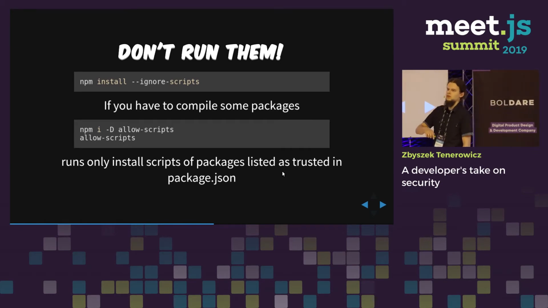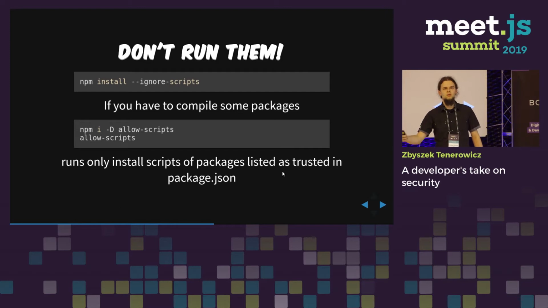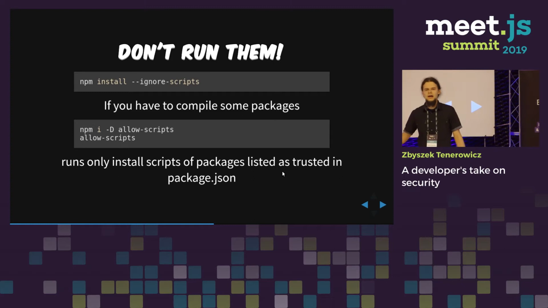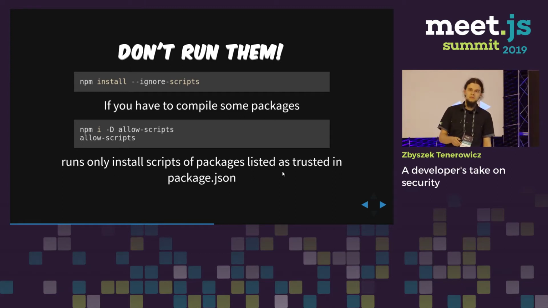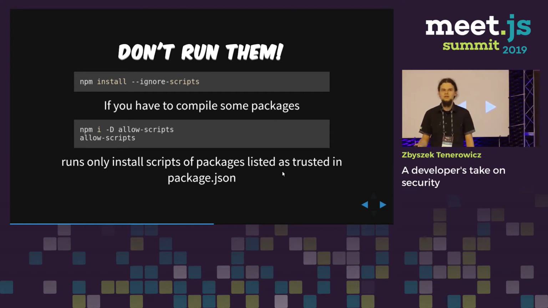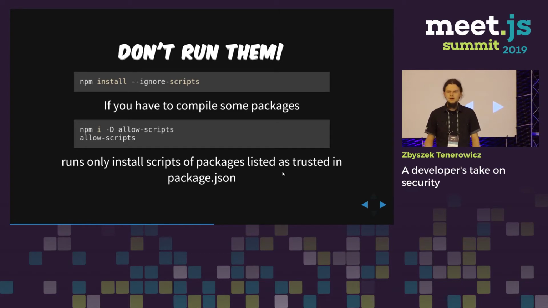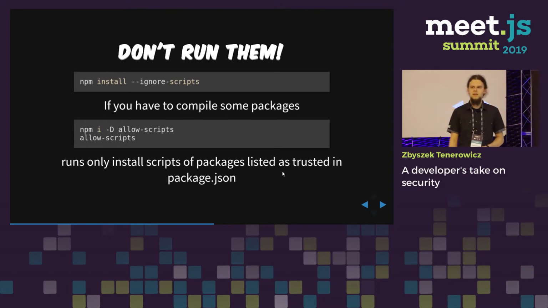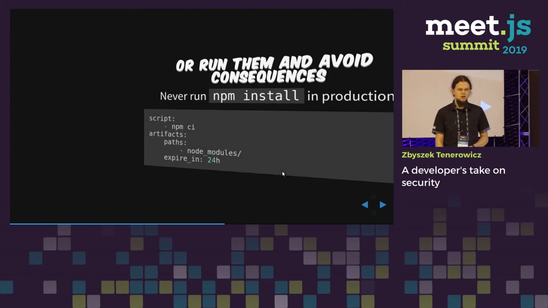You install it, you define the packages that you want to let run post-install scripts in the package.json. If you're not lost already, I'm just going to finish off saying allow-scripts is going to run only those scripts that were listed as trusted. And that's it. So this is a fairly simple solution to a very big problem and very rarely used.